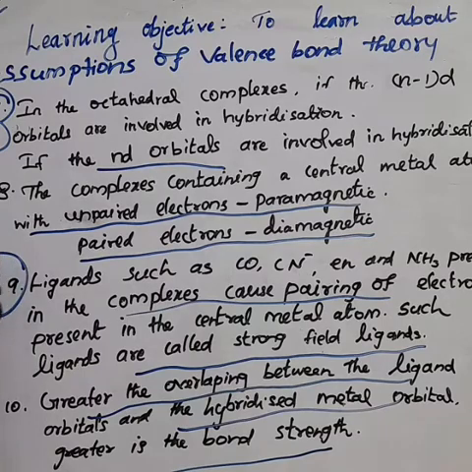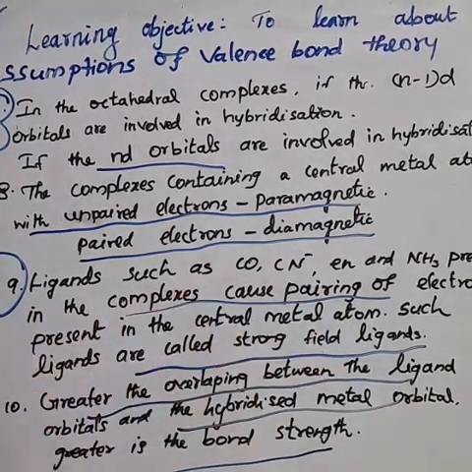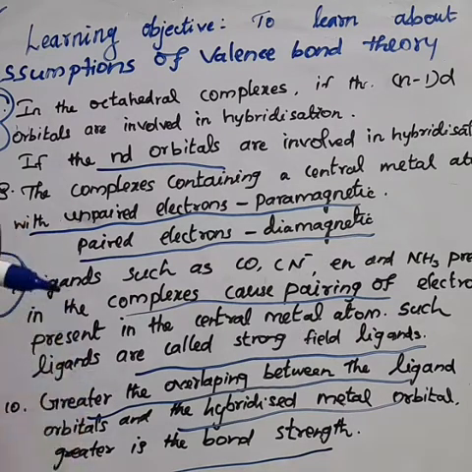Very important points. What are the strong field ligands? The 7th point and the 9th point are very important. And for the one-word question: greater the overlap between the ligand orbitals and the hybridized metal orbitals, greater is the bond strength.